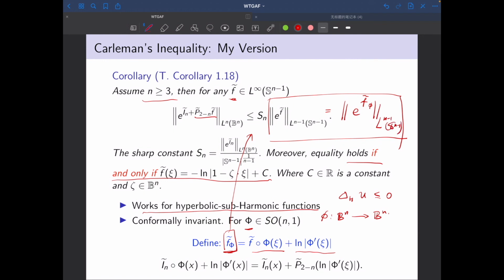And on the left hand side, things are going to be a little bit more complicated, but using the transformation here, you can also show that this would be the same norm as e to the f tilde phi. From this you could see that the inequality is going to be conformally invariant.